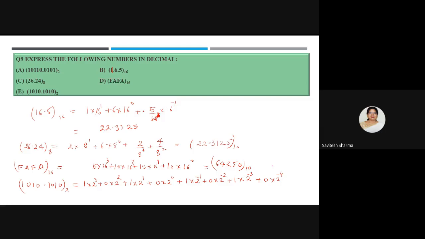So this is the expansion for this binary number 1010.1010. You see that this is my 0th position, but after the decimal the digits are -1, -2, -3, -4. Please don't try to write the -1 from this side. Always move from the decimal to the right side in the minus terms, and to the left side from 0.